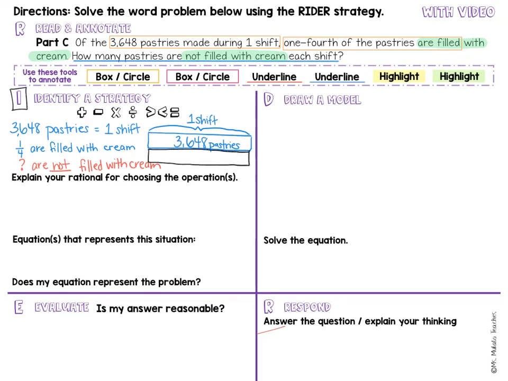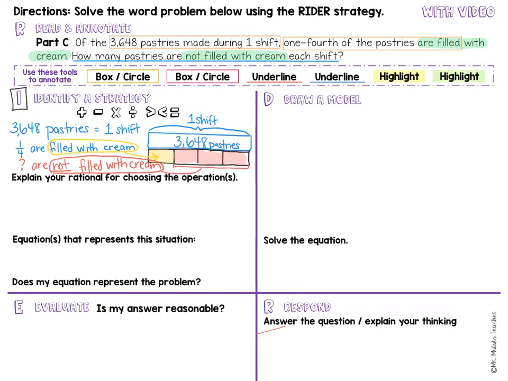But I'm going to split this bar model into fourths because we know that 1/4 are filled with cream. I'm going to use yellow and fill it with cream. Make sure that we label that 1/4 is filled with cream. These other 3 parts, though, are not filled with cream. So the other 3/4 are not filled with cream. And we're going to label those.